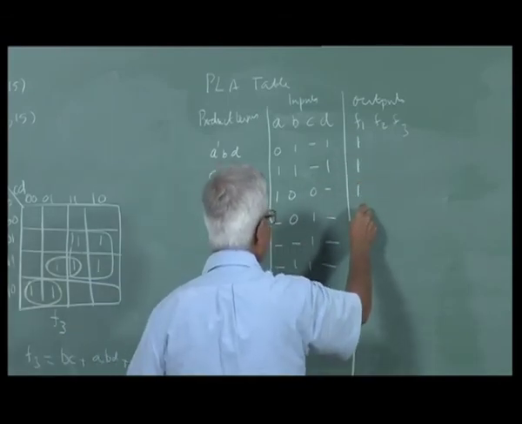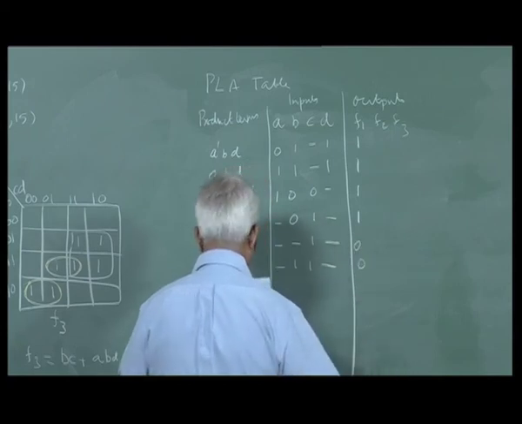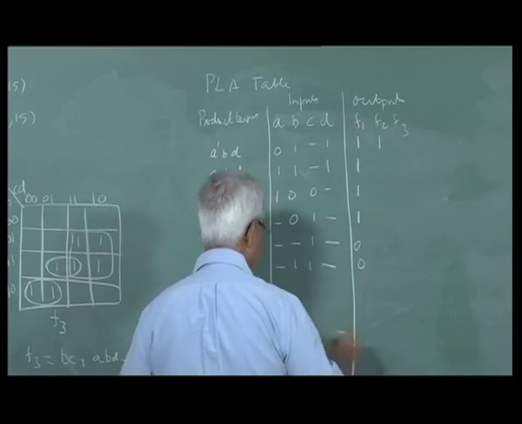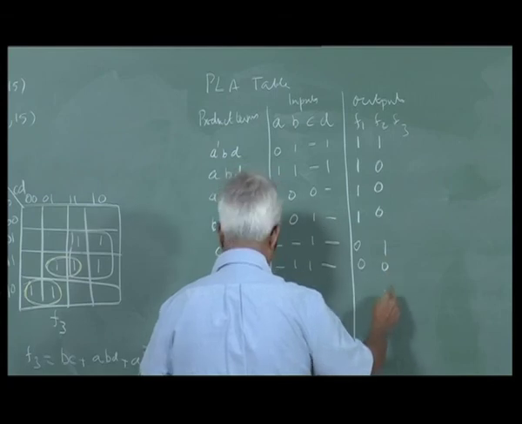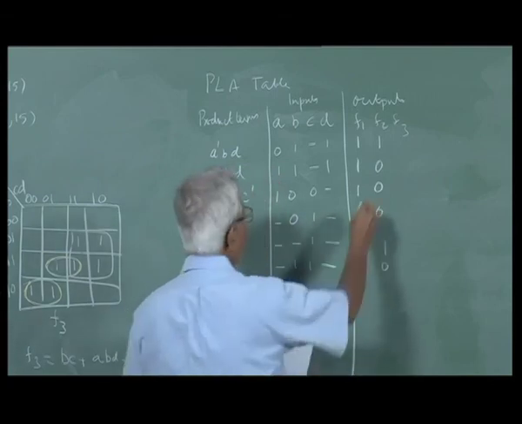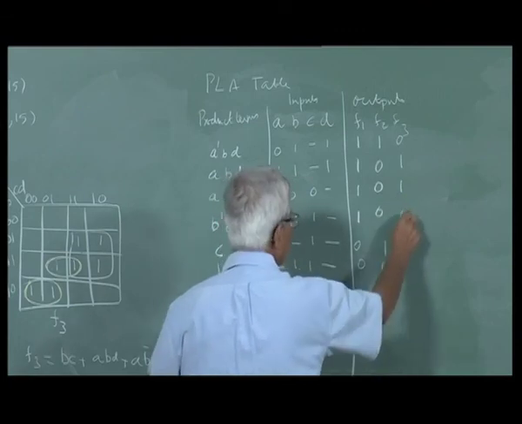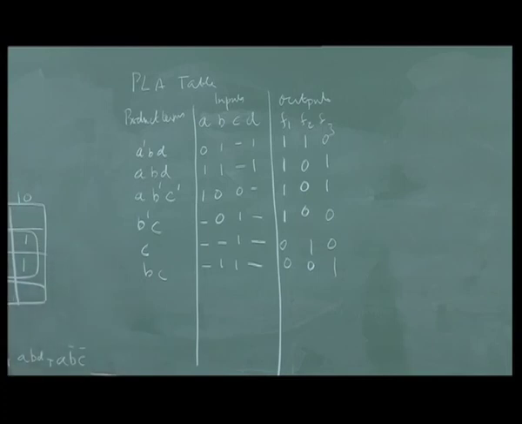These are not there. F2 has this and C. F3 has this. This is how you draw a PLA. This is how you design a PLA circuit.